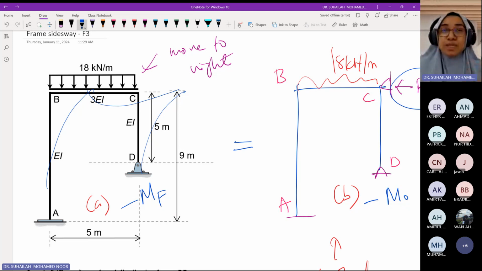E is material properties, I is section properties. So section properties tu akan influence sama ada dia move right, left. Tapi tak payah fikir too far. So bila you dapat satu soalan frame yang asymmetric macam ni, assume je dia ke kanan.